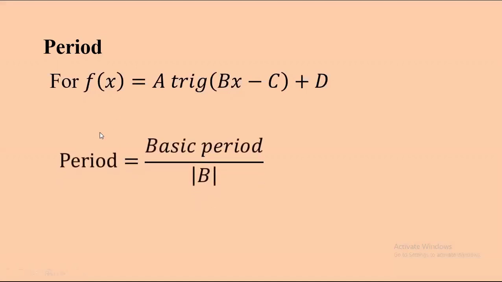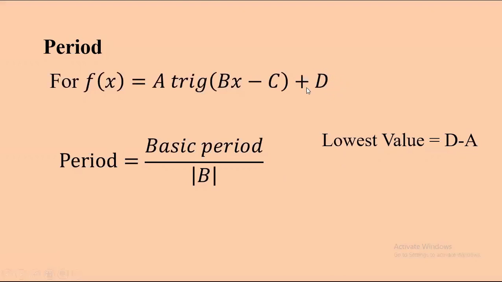And for period, it is the basic period of the trigonometric function divided by b. That is, if it is a sine function, then the basic period is 2 pi, and we have to divide by the absolute value of the coefficient of x. This is how we will calculate the period. And the lowest value of the function is d minus a.